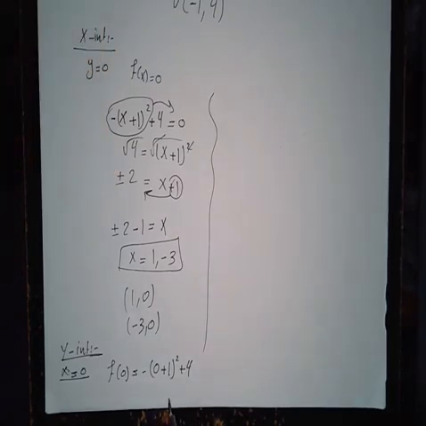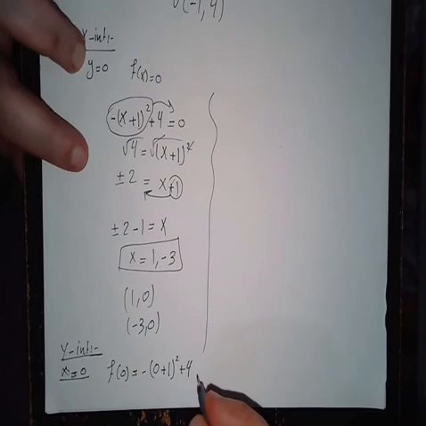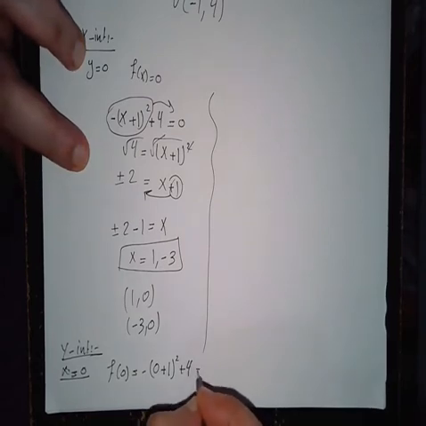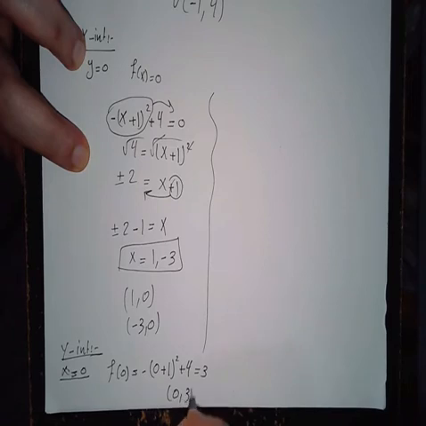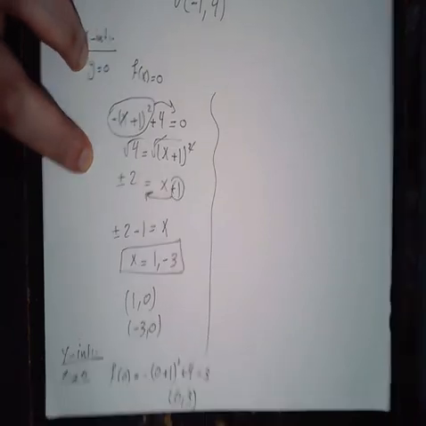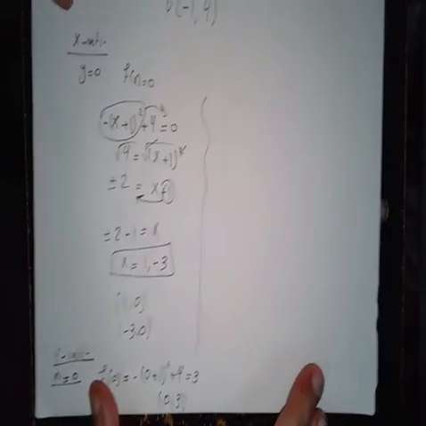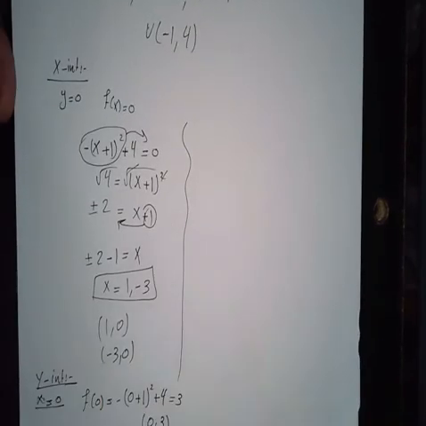You square that, the answer is still 1. You add the negative, now it's negative 1. Plus the 4, the answer is 3. Which means your point is (0, 3). That's your y-intercept. So knowing all these points, let's graph the function.